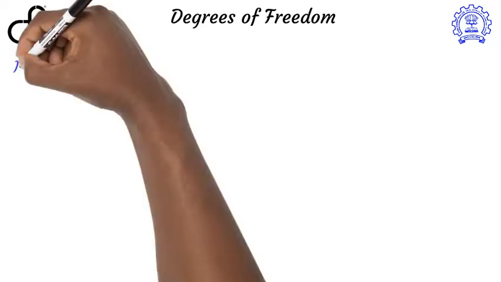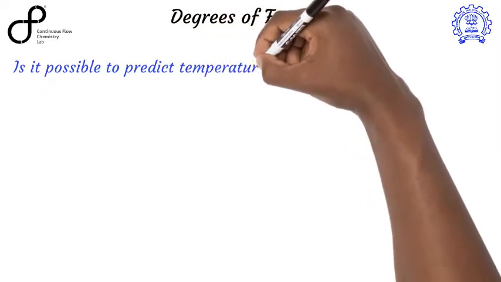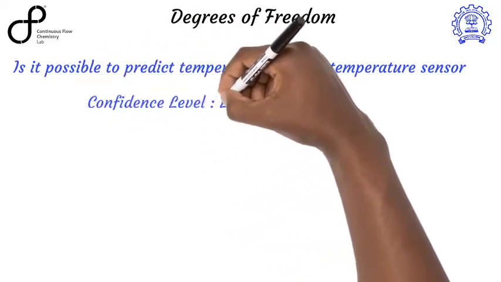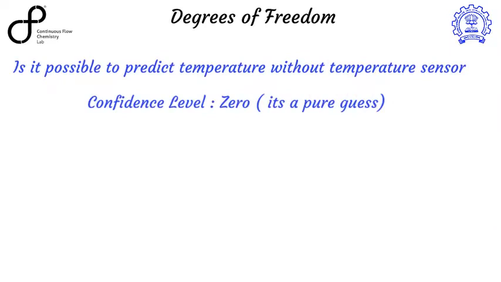How about predicting the temperature inside the reactor without using a temperature sensor? How confident will you be in your prediction? You will not have any confidence in your prediction, as it is a pure guess. Therefore, you need at least one sensor to have some confidence in your prediction.